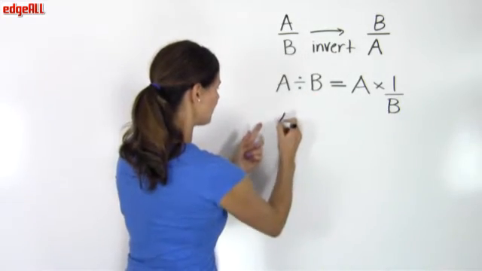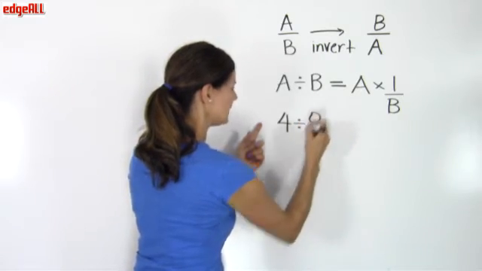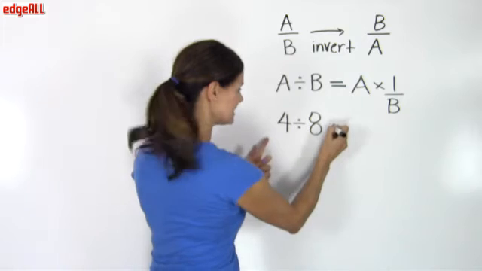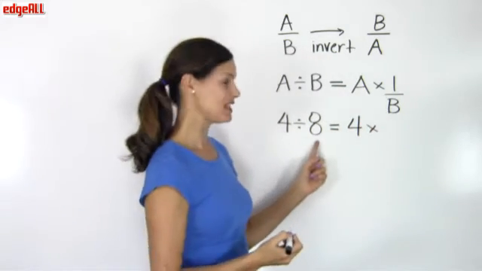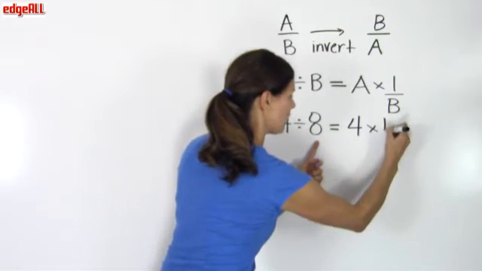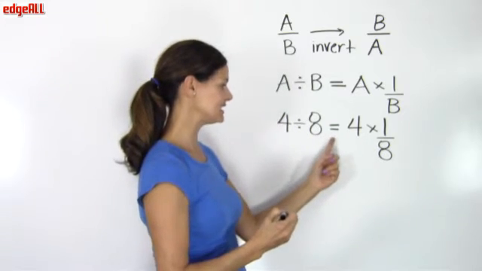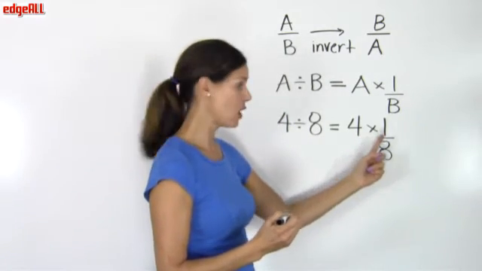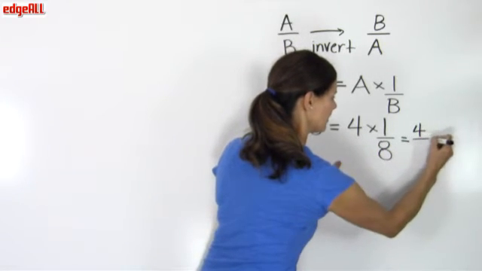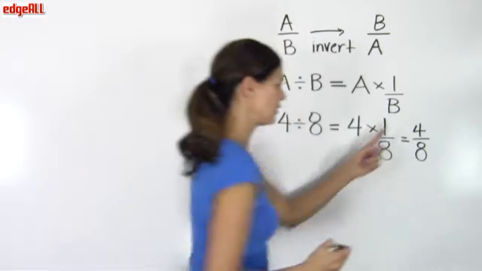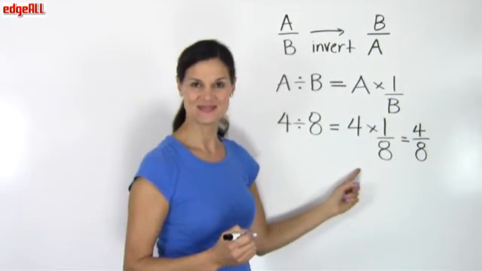So if I have 4 divided by 8, for example, this is equivalent to 4 times the inverse of 8, which is 1 over 8. So 4 divided by 8 is the same as 4 times 1 over 8, which we can see this way too, 4 divided by 8, or 4/8, 4 times 1 over 8.